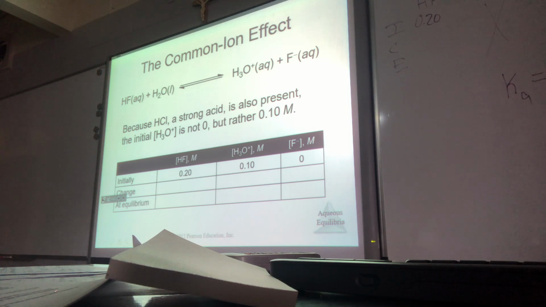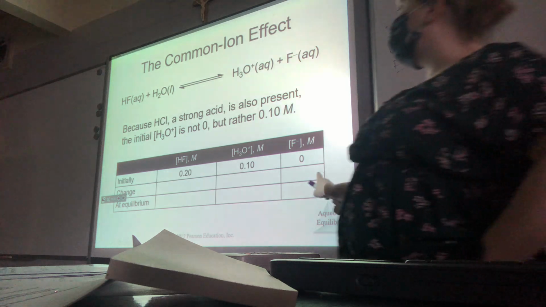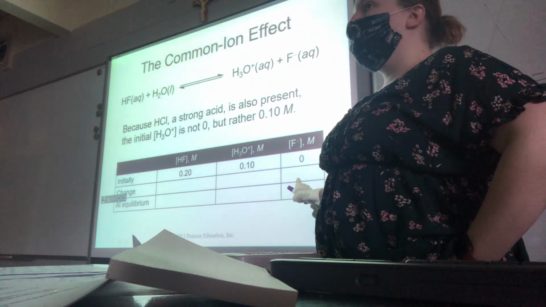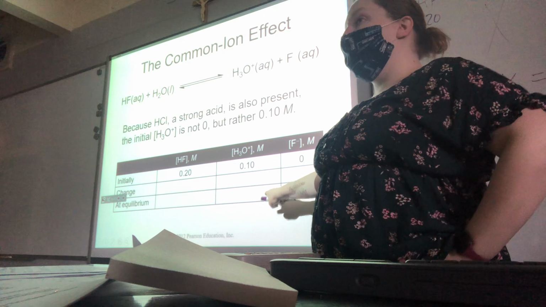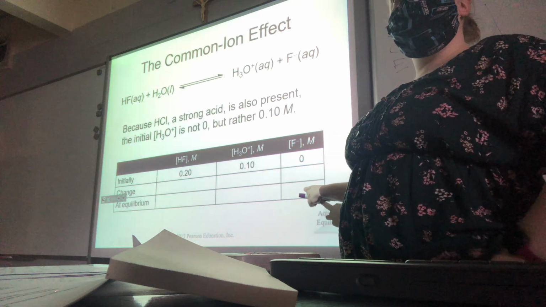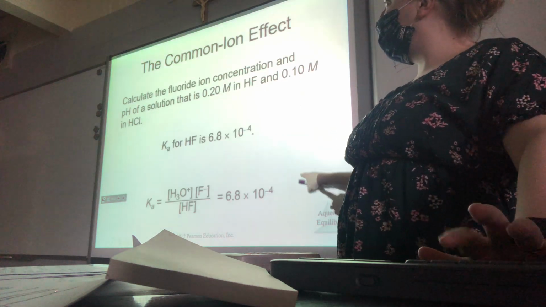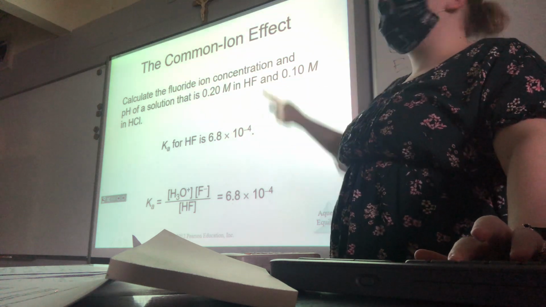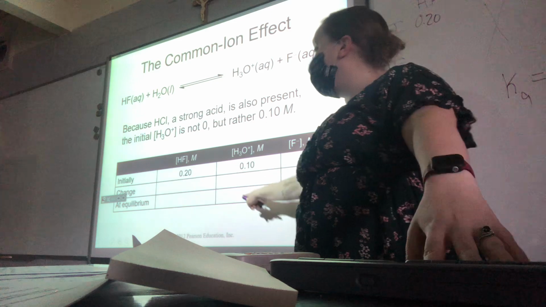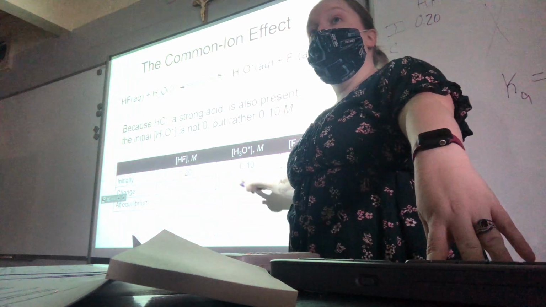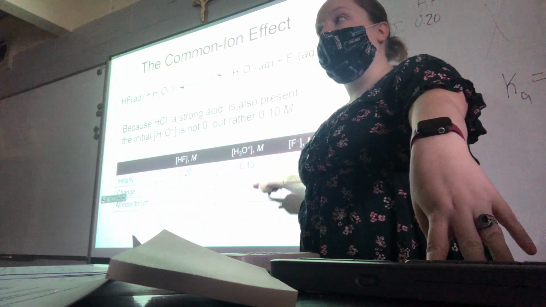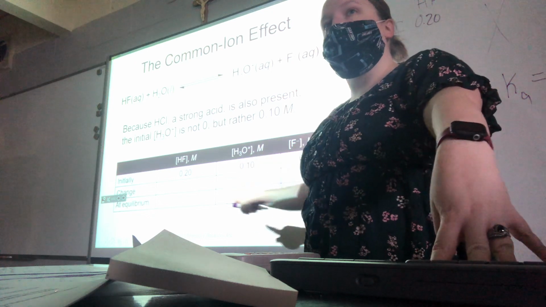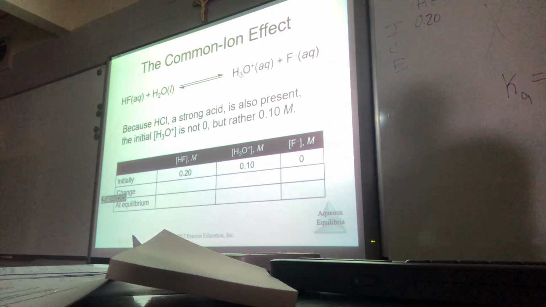All right, our goal was what? pH and F- concentration, wasn't it? So what is the fluoride ion concentration? So F-, and what is the pH, which means we would need the equilibrium concentration of this guy, right? Do you agree? You remember that from last chapter in our acid-base equilibrium? Okay, so what do we do next?